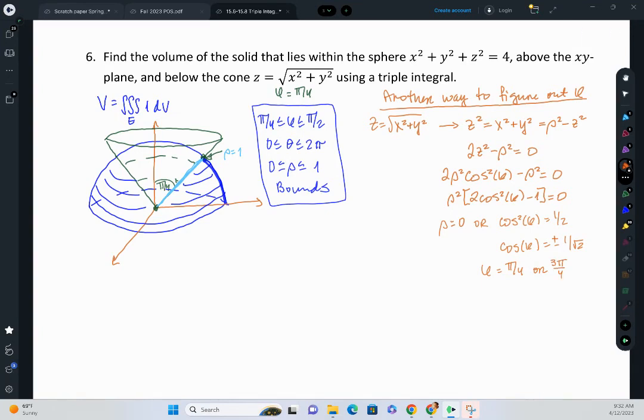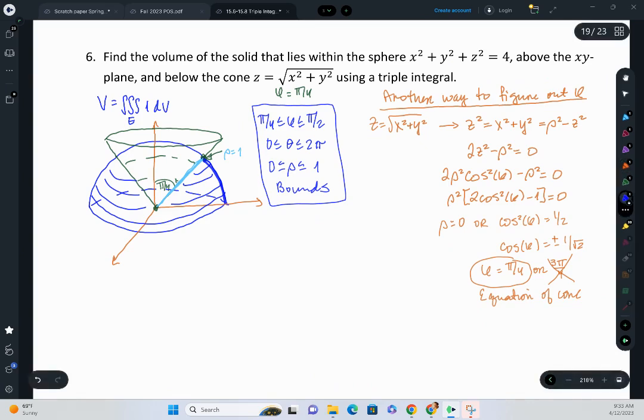Now we want our cone above the xy plane, so we're going to cross out the 3 pi fourths and go with phi is pi fourths. And that gives us the equation of the cone. Okay, so it's a bit of work to get there, but if you forget, that's how you do it. Okay, moving on. We have the bounds that we need.